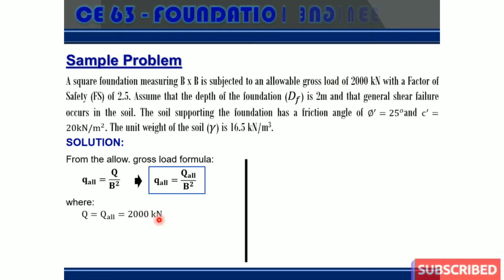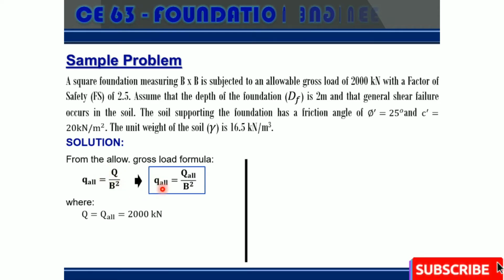I think you can better understand and simply memorize this formula if you consider small q allowable is equal to capital Q allowable over B squared, rather than using the formula from our previous lecture video.